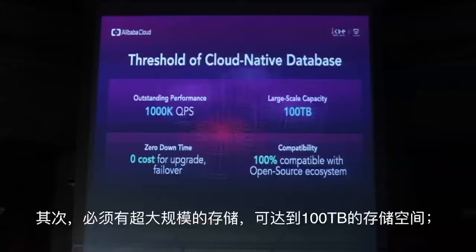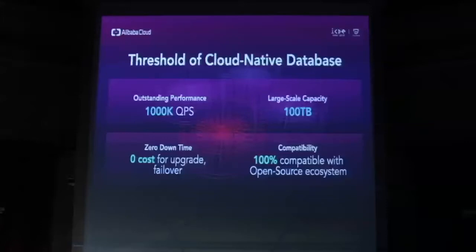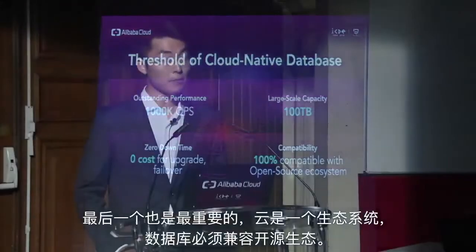The storage can be up to 100 terabytes. And third, it's very important that we have the zero downtime capability in the cloud. Last but the most important one, the cloud is an ecosystem. You must be compatible with the open source solutions.